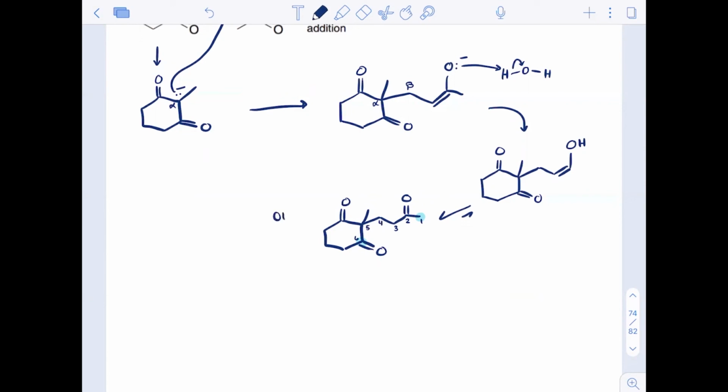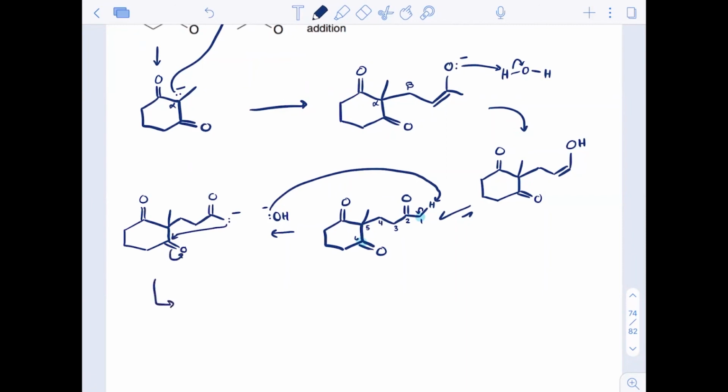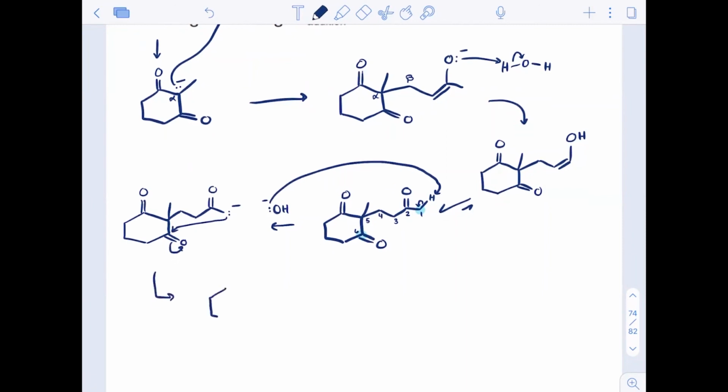So hydroxide again is going to be used to form our enolate. And then our enolate will attack our carbon of the carbonyl in an aldol addition.